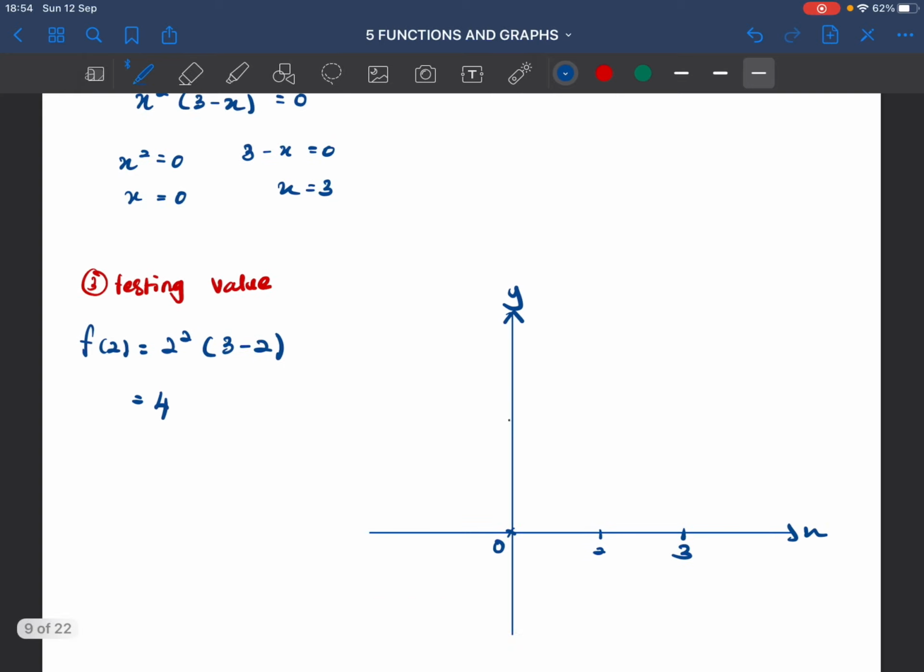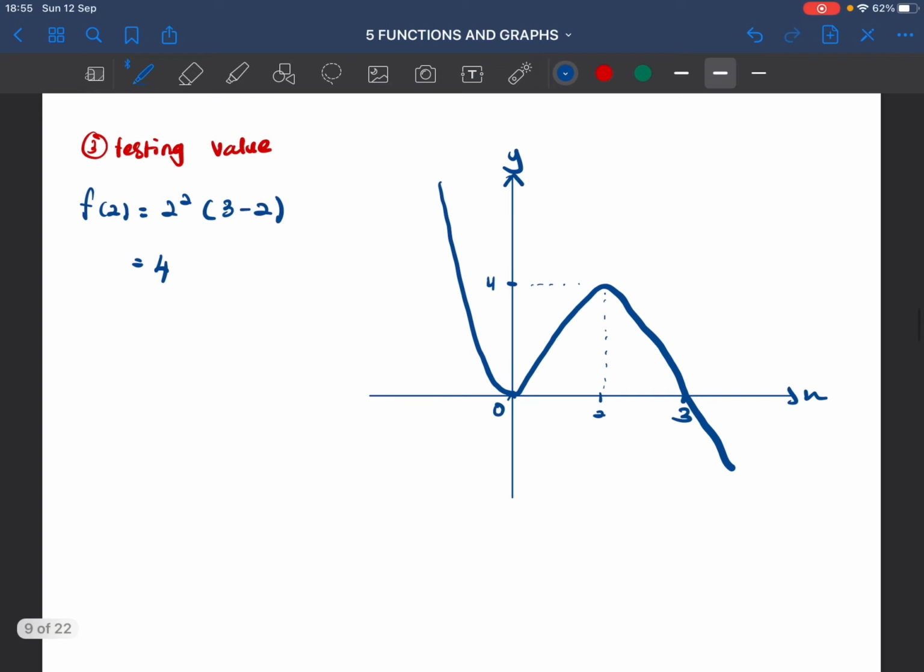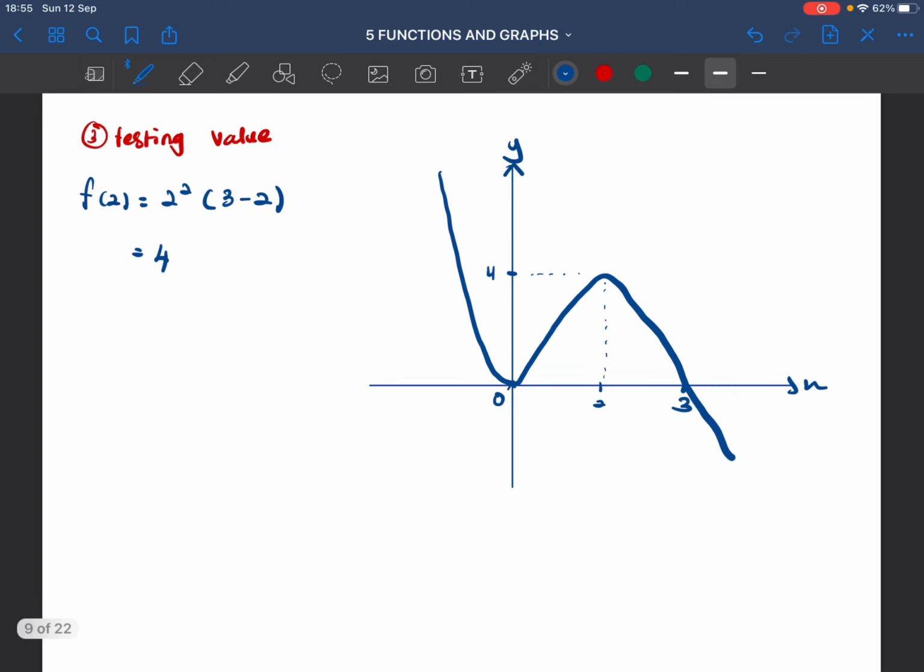So x equals 2 gives 4, somewhere around here. Okay, so it should stop somewhere around here. So we have our graph down to the x-intercept where x equals 0, and then up to here and down to the x-intercept. Okay, so this is our cubic function for case 2.